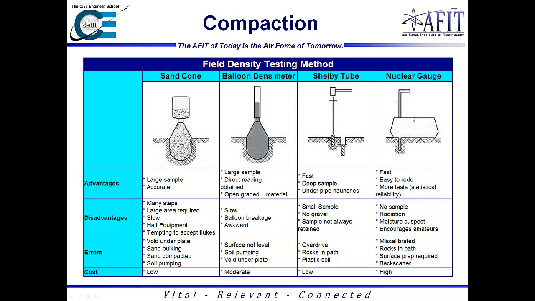However, probably in the field more times than not, you'll see a nuclear density gauge, mainly because it's really fast and it's easy to redo once it's calibrated. That's the big caveat with the nuclear gauge, is the nuclear gauge is worthless if it's not calibrated to that local soil, and usually that has to be done in the lab.